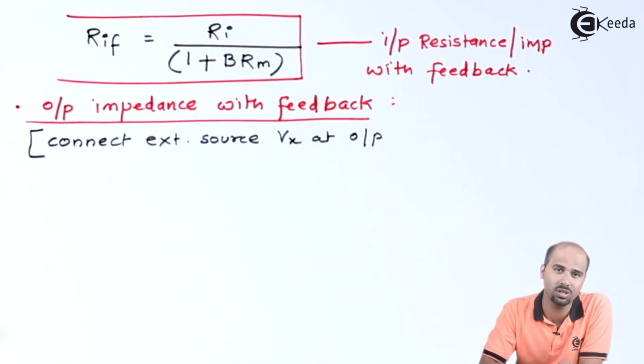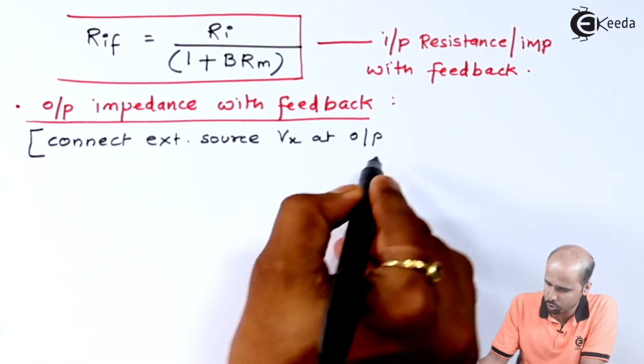If a voltage source is present at the input side, we have to short it. If a current source is present at the input, we have to open it, because we are replacing all the sources by their respective internal resistance, and as the internal resistance of the current source is infinity, that means open circuit, we have to open the input source.